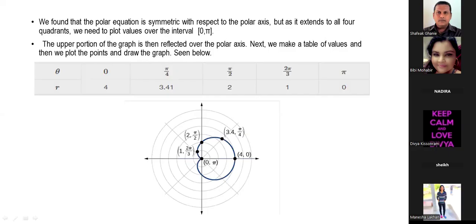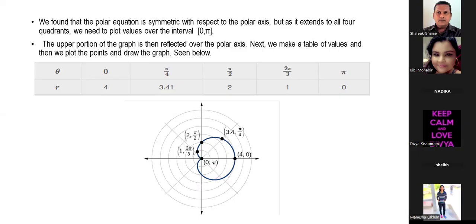However, even though the graph is symmetric, we still need to evaluate and plot points from theta equals 0 to theta equals pi to fully understand half of the graph. Then we can reflect it over the horizontal axis to complete the graph.